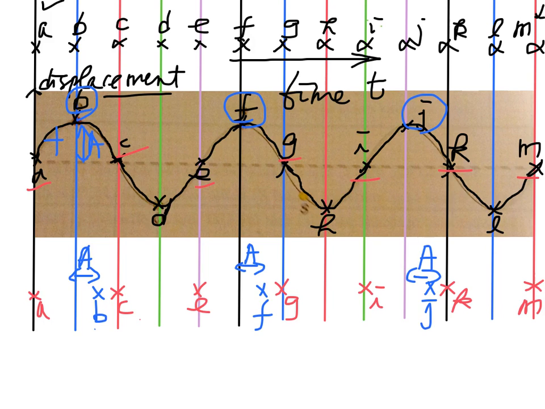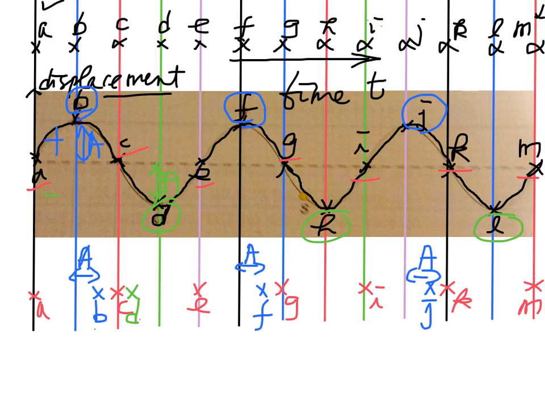For particles D, H, L, they have displacement with negative value, and this is also the amplitude. Therefore, these particles for a longitudinal wave have displacement towards the left from their equilibrium positions.